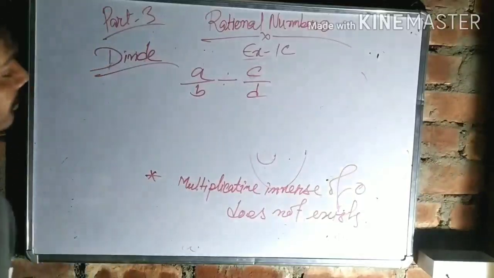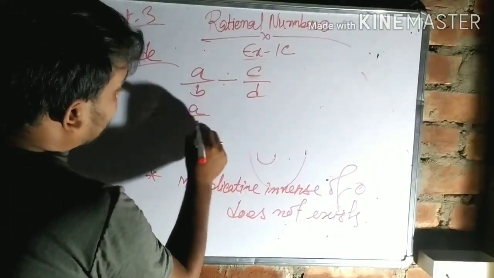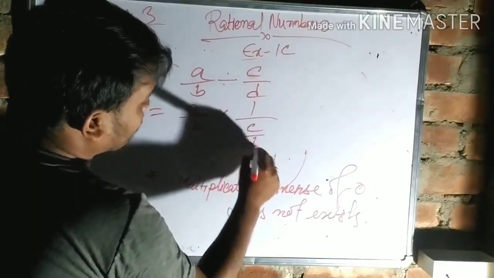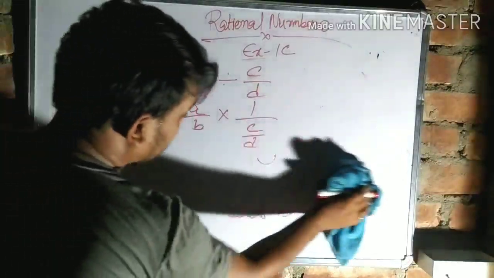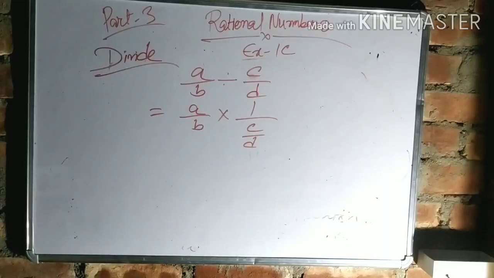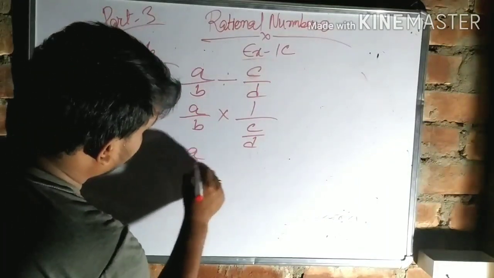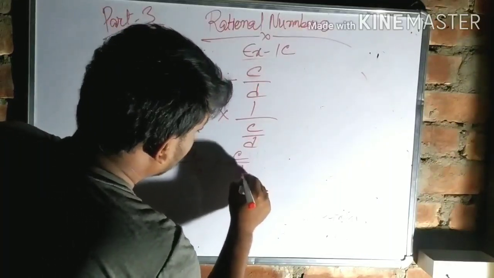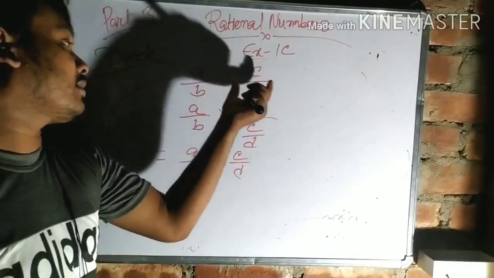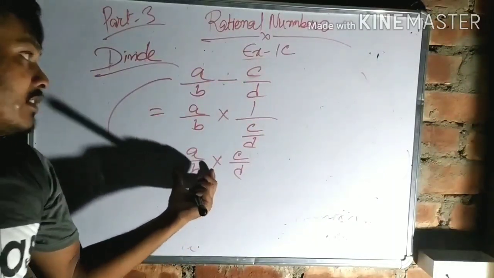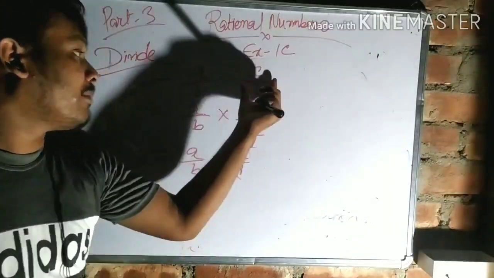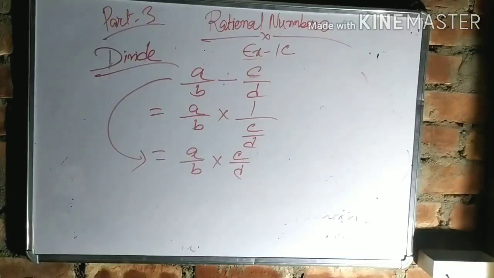So A by B into the reciprocal of C by D. The result is A by B into D by C. So directly we can say that when we divide two rational numbers, the first value does not change, and for the second value we write multiplication and the multiplicative inverse of the second value.